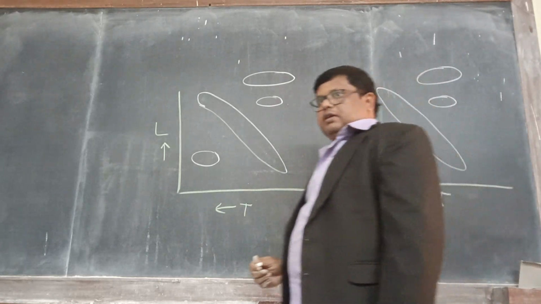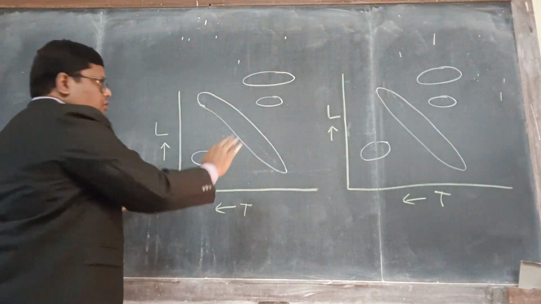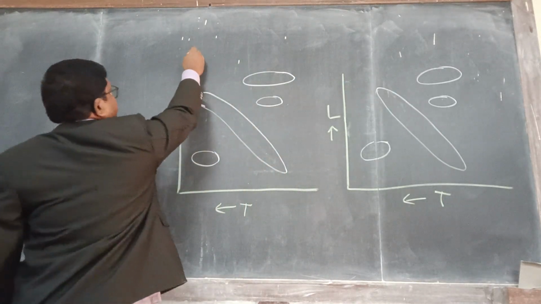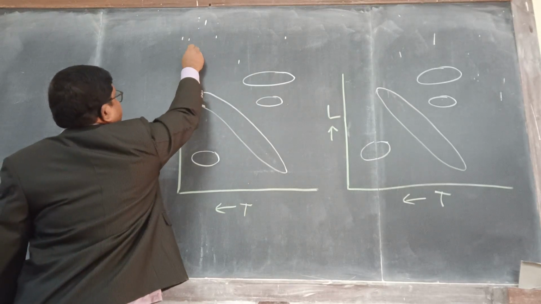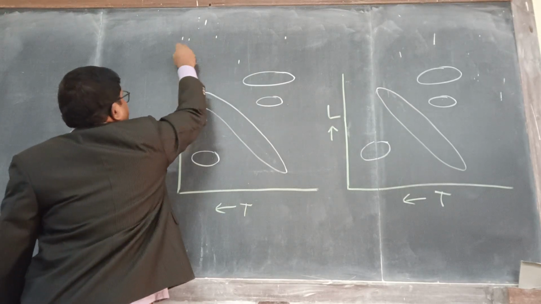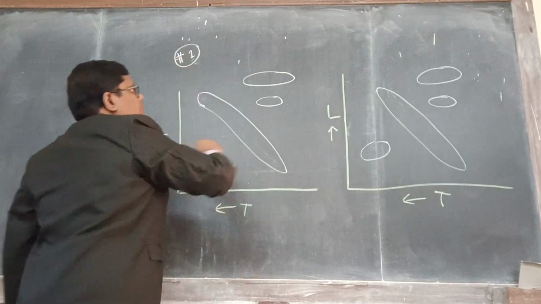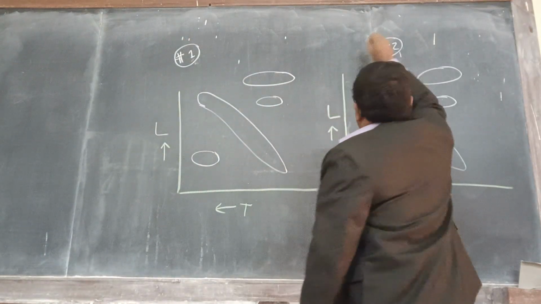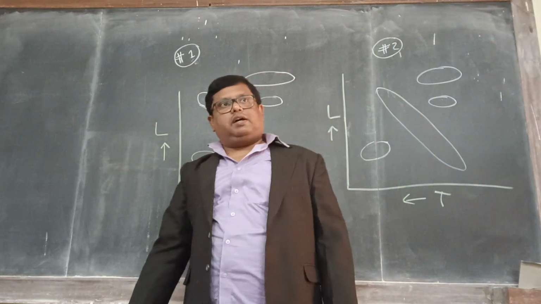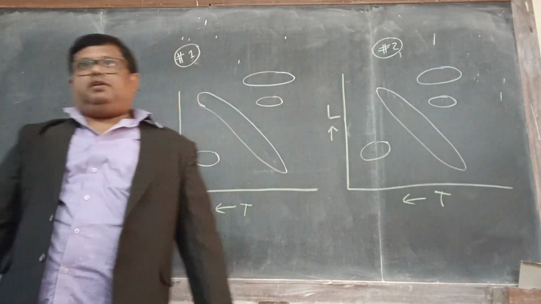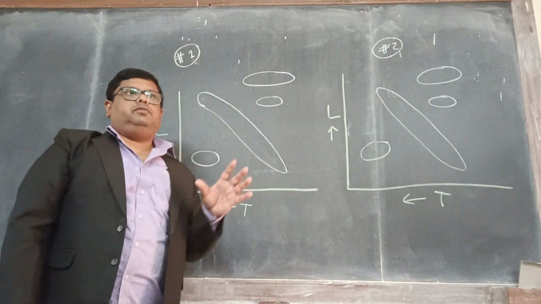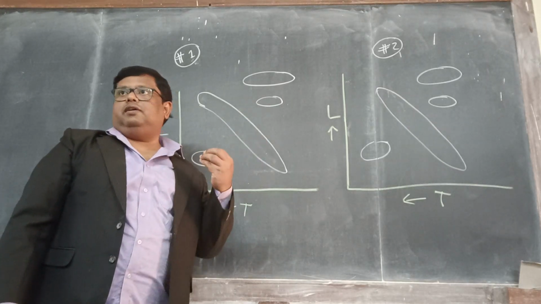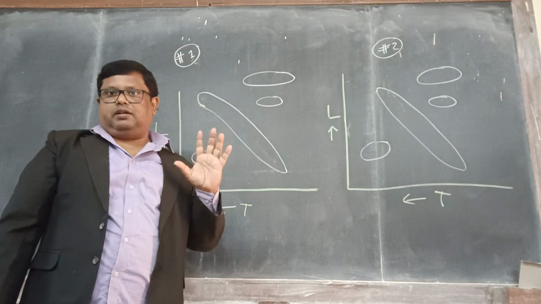Okay. So, I have drawn two HR diagrams. This one is for star cluster number 1, and this one for star cluster number 2. Suppose I am observing two particular star clusters. Okay, and let me tell you that one star cluster is very young compared to another star cluster.